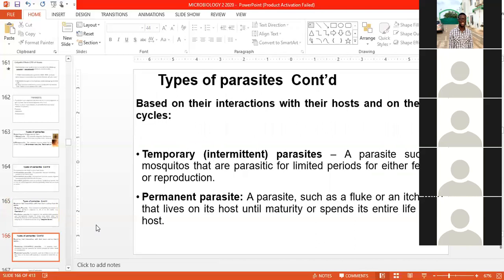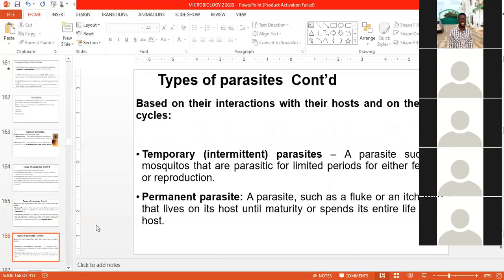We also have the temporary and the permanent parasite. The temporary ones are just like the facultative we talked about. They exhibit an aspect of their life cycle with the host.